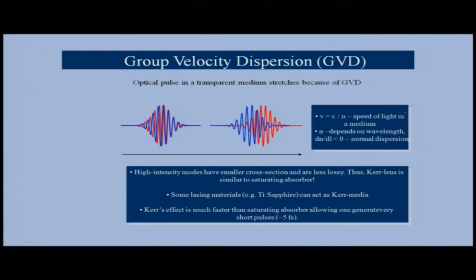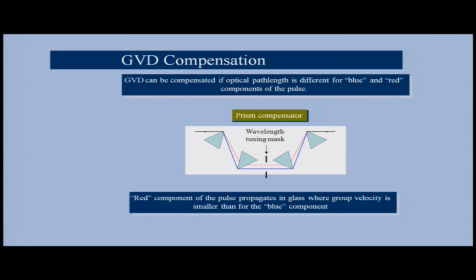The pulse is stretched because of the group velocity dispersion provided by this process, and one can have it shortened by using another process of compensating for the group velocity dispersion, because it is a linear process, and we can get as short as 6 femtoseconds, 5 femtoseconds in these kinds of processes.